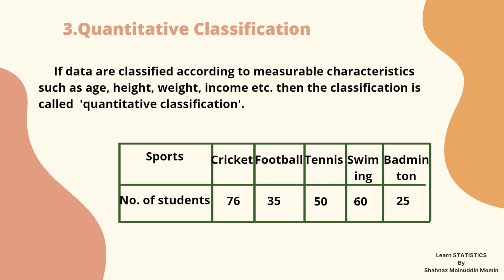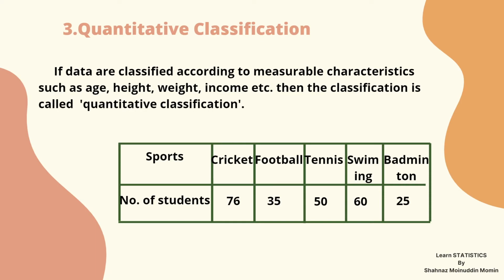For example, classification of students in a college according to their favorite sports, which is given in the table. We have considered the sports as cricket, football, tennis, swimming, badminton, and we record the number of students interested in these games.